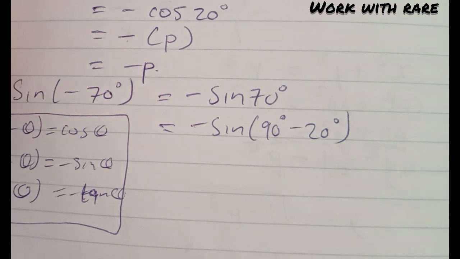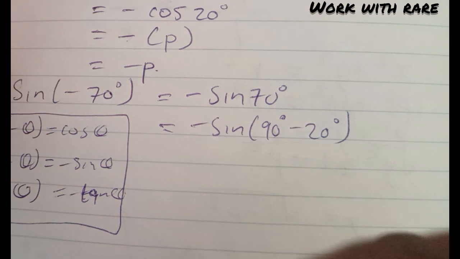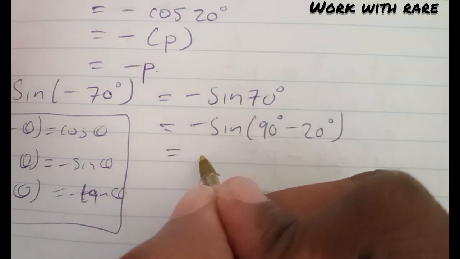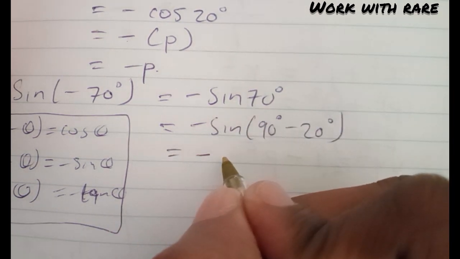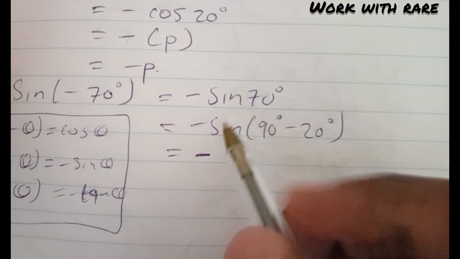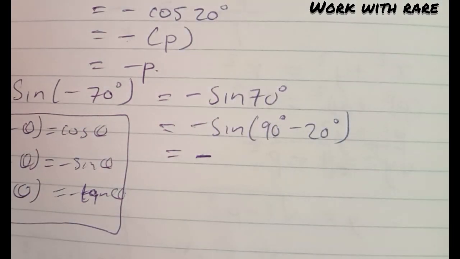Okay, so since here now I used 90, my sign will change to cos, and when it changed to cos now we will have negative.